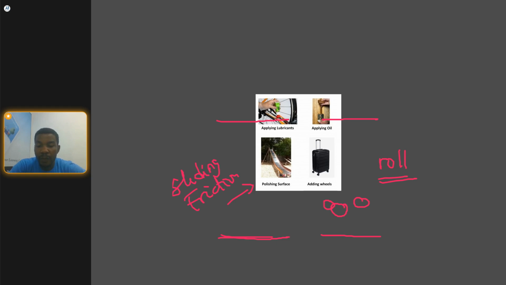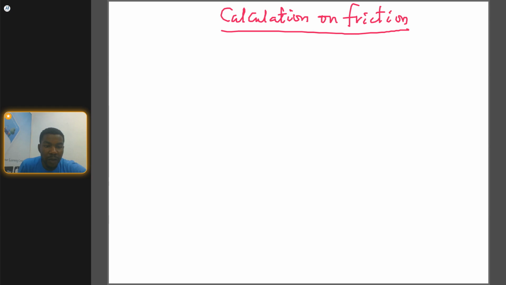We are moving to calculation on friction. The first question, let's take the first question.